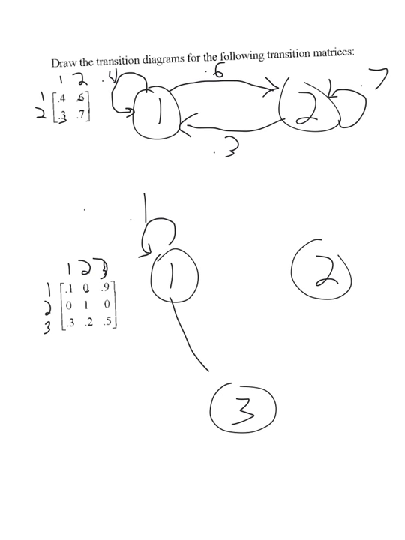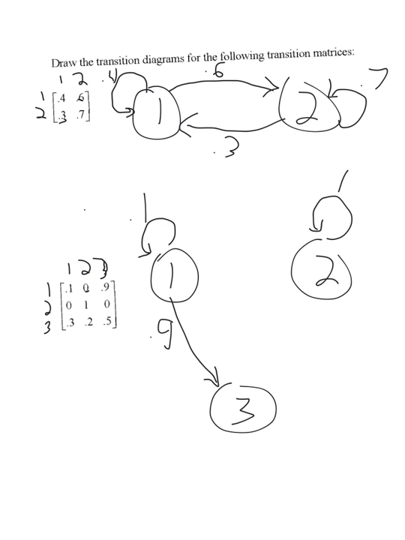That's 0.9. If we go to state 2, 2 doesn't go to 1 because that's 0. Then we have 2 back to 2 is 1, so that's the only thing that can happen. If I'm on state 2, I have to stay at state 2, and it just always stays at state 2, no matter how many transitions we do.